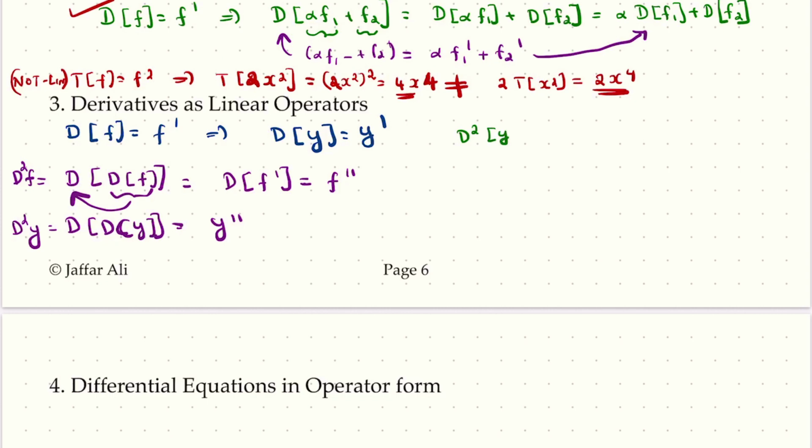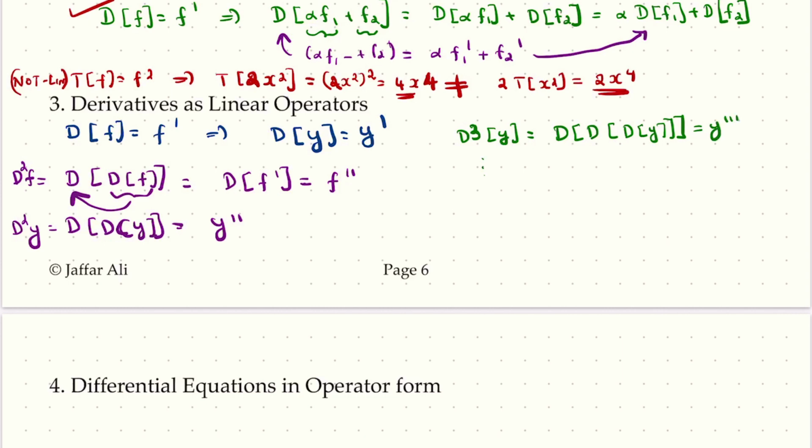D cube of y, by which I mean D of D of D of y. I can do that, because the operators' inputs are functions and the outputs are functions. So that's a function, I can input it inside. So we are okay over there. That's the same as saying y triple prime.